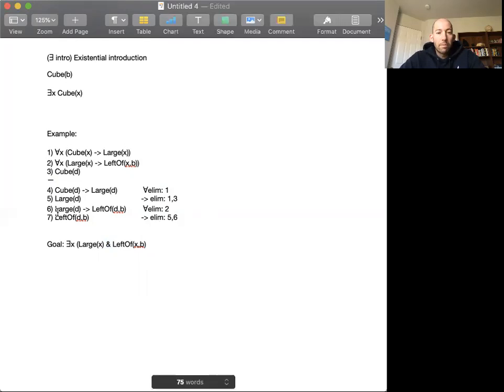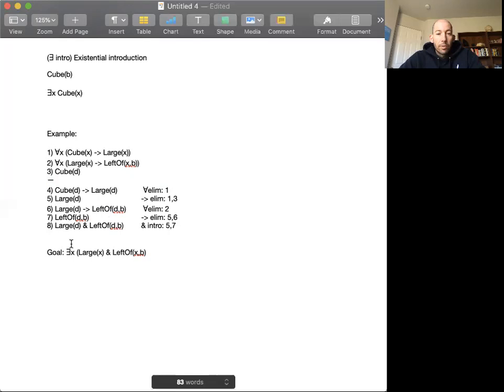So I can combine 5 and 7 together, and I can say that D is large and that D is left of B. This is going to be conjunction introduction using lines 5 and 7. So the justifications for 5, 7, and 8 are using rules that we've learned in the past.